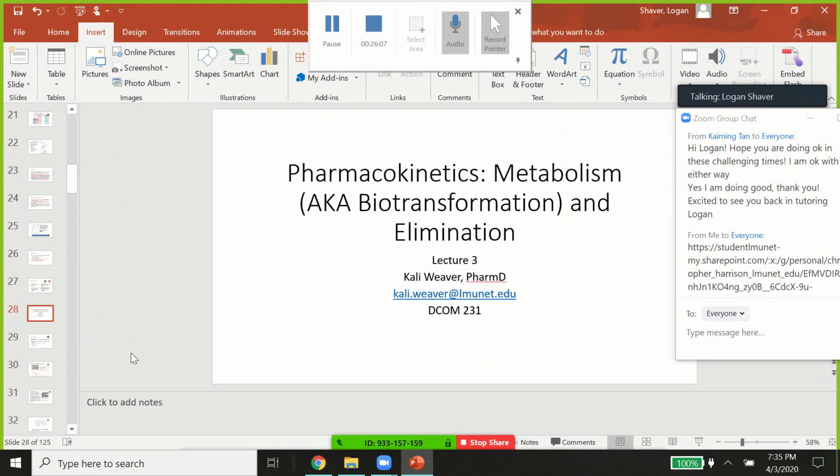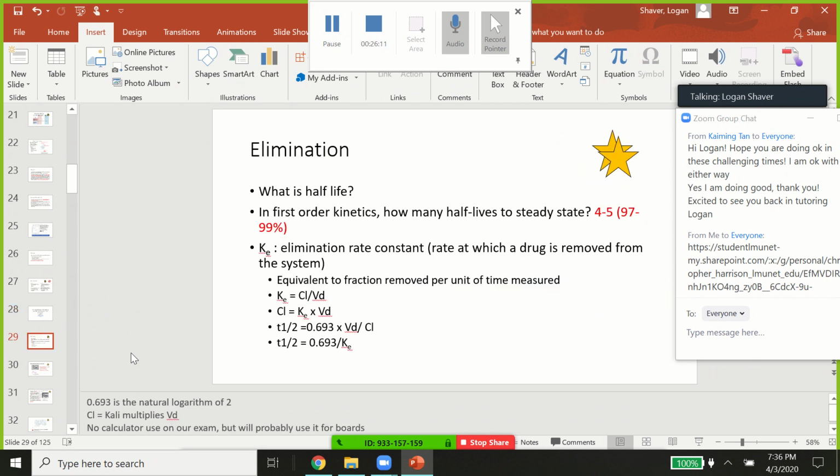Pretty quick. Now to pharmacokinetics, lecture 3. Elimination reminds me a lot of clearance, but it's not the same thing as clearance, and notice by this formula right here that it's not exactly the same, but a similar concept. The important thing on this slide is what's in red, and it's super high yield, guys.